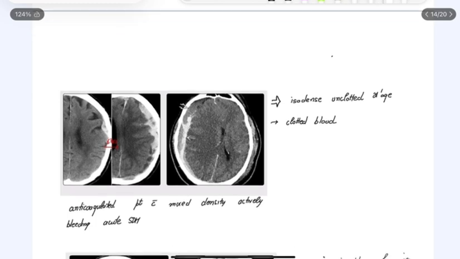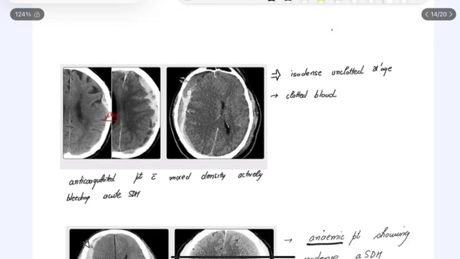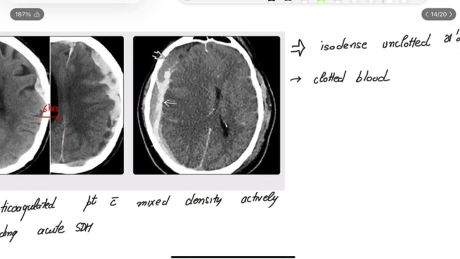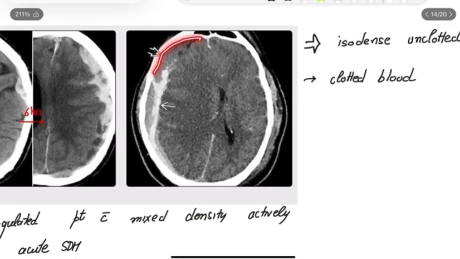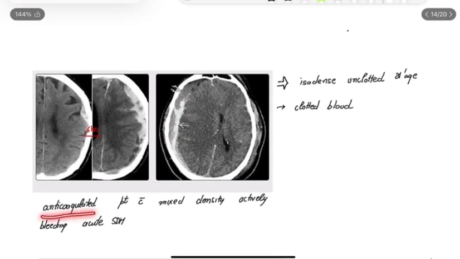Occasionally, the acute subdural hemorrhage can also be mixed. In this image, after a 6-hour interval scan, we can see the isodense unclotted blood and the hyperdense clotted blood. So basically, this was an anticoagulated patient with a mixed density actively bleeding acute SDH.